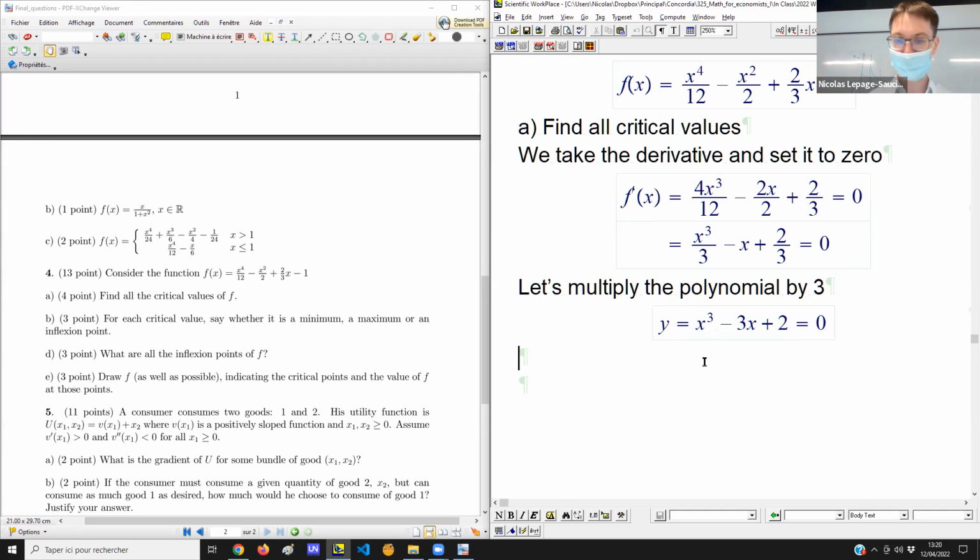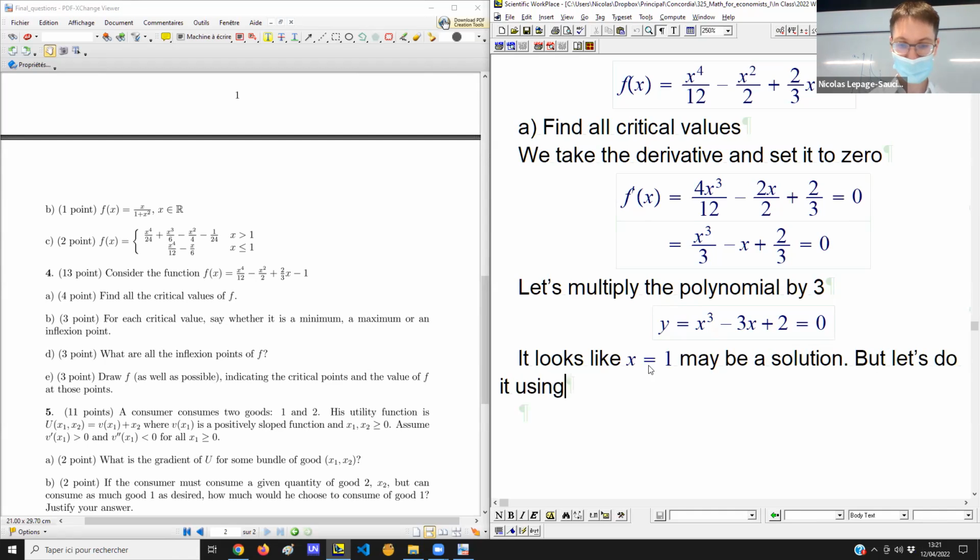Let's look at one assumption: positive numerator.